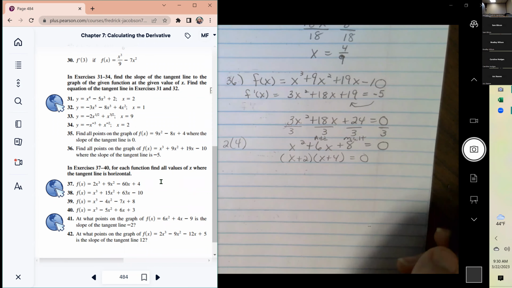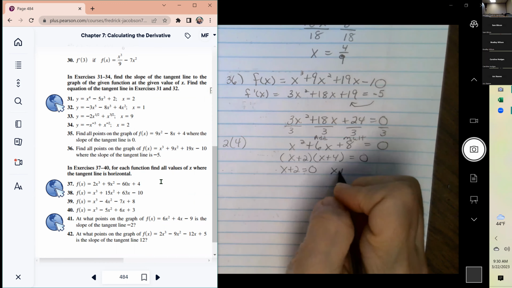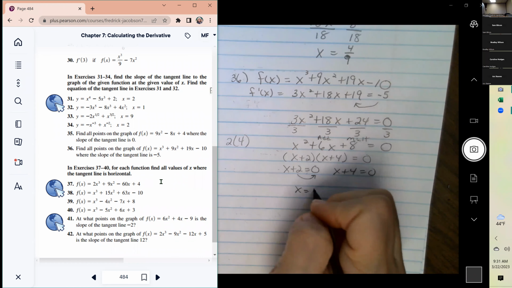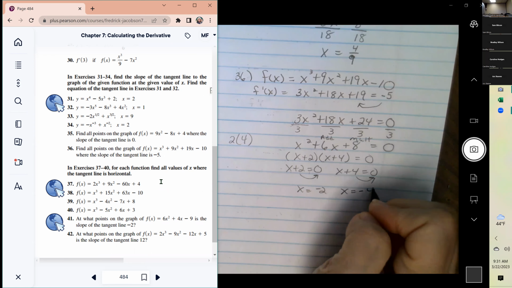Set both of them equal to 0. And get -2 and -4.